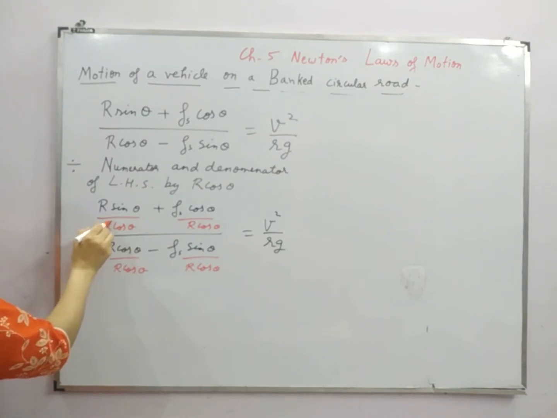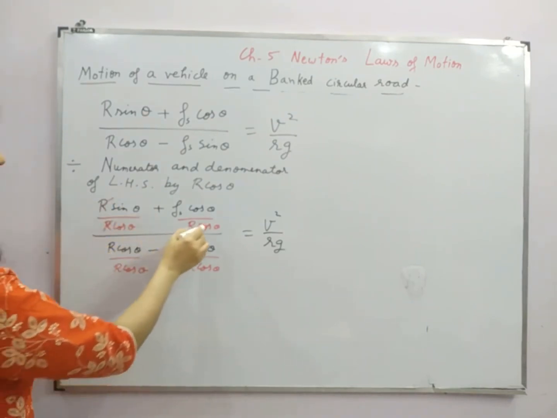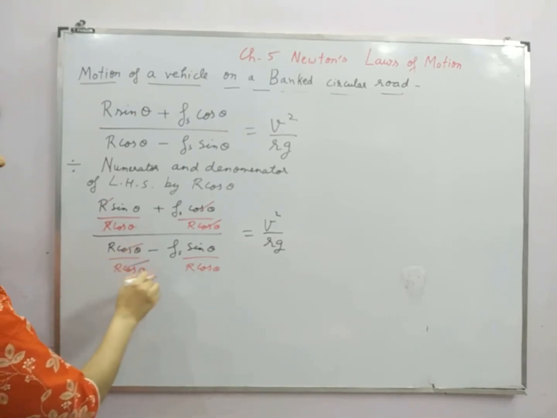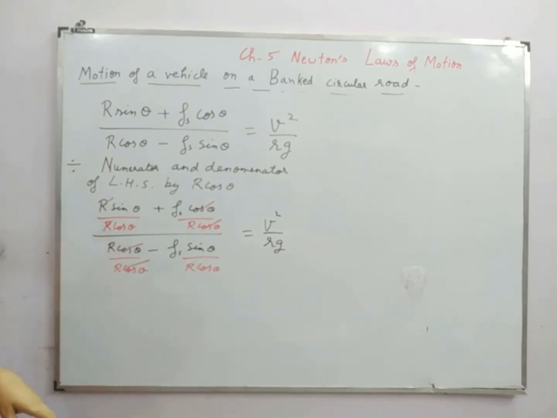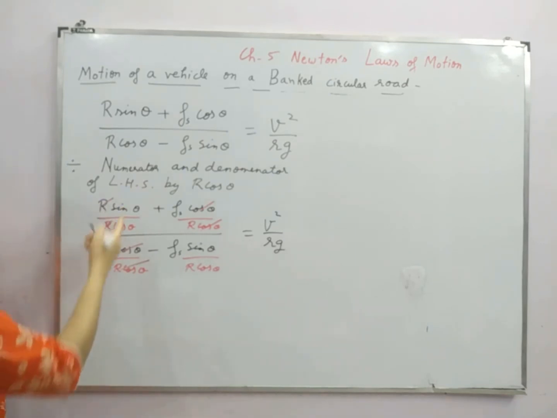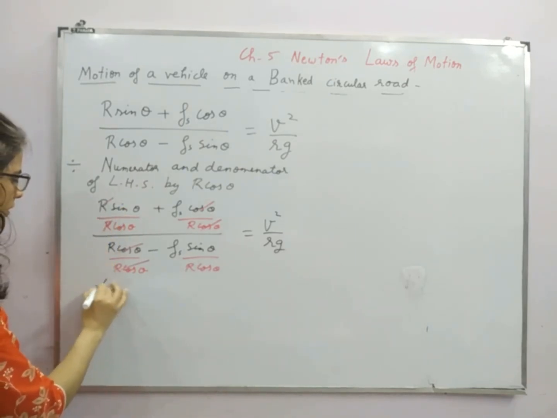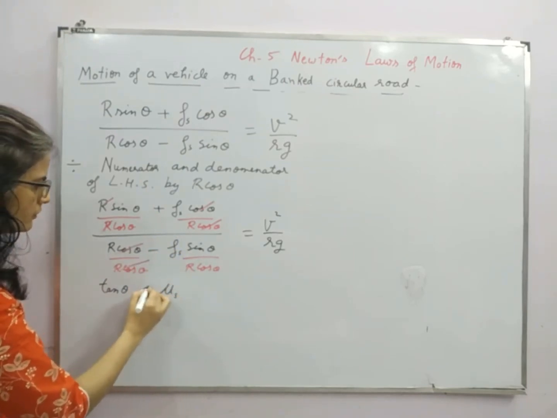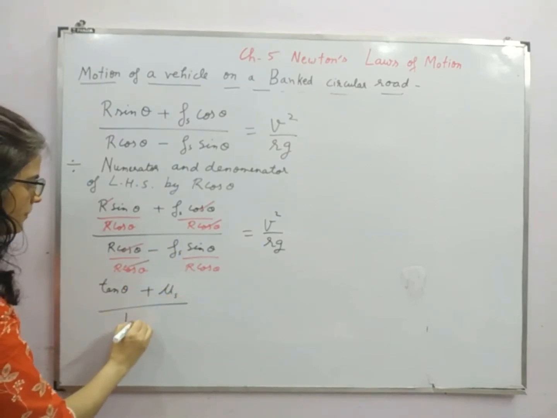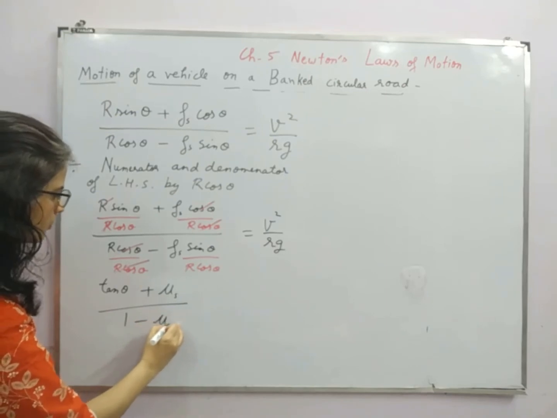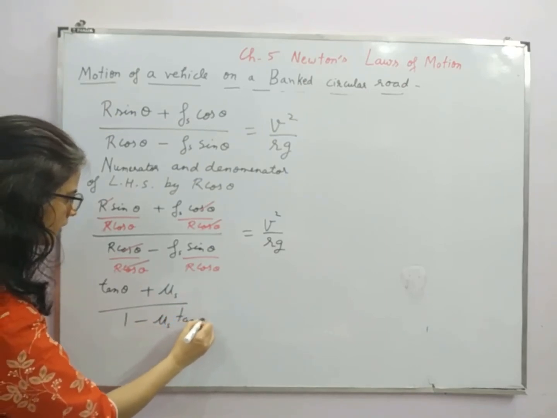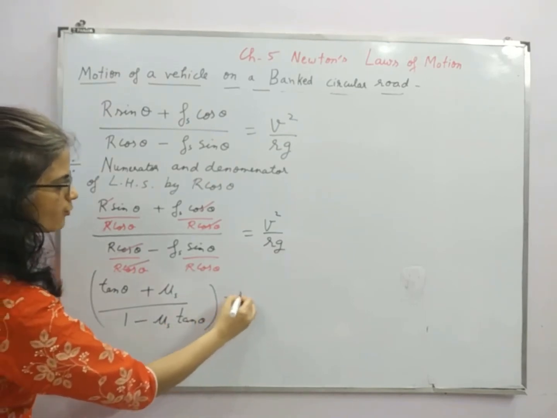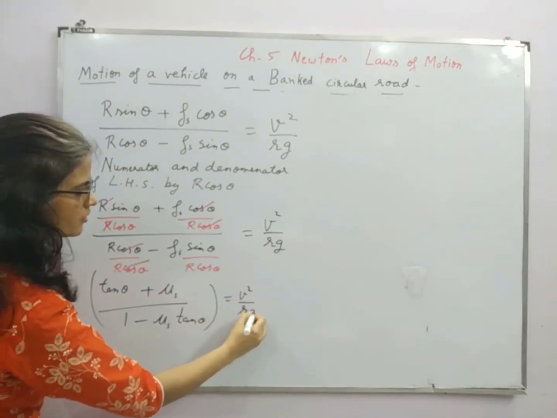Now here it is cancelled, here it is cancelled, and this is also cancelled, and we will get sin theta upon cos theta is tan theta plus Fs upon R is mu upon 1 minus mu tan theta, right? And this is equal to v square upon rg.